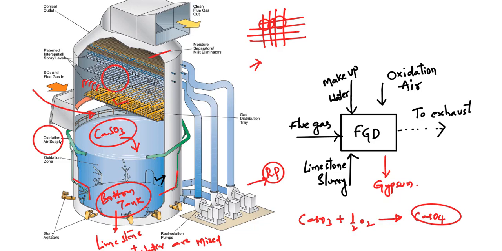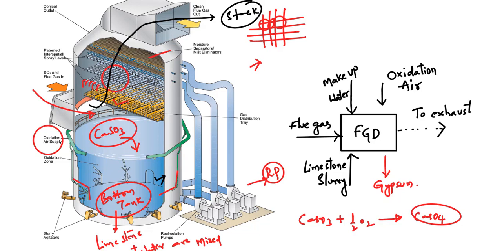Here, reciprocating pumps are placed so that these pumps carry the slurry mixture from the bottom of the tank to the spray. From the spray, it will be sprayed on the flue gas, and moreover, the flue gas being light, it will pass through this direction via the vent to the stack.